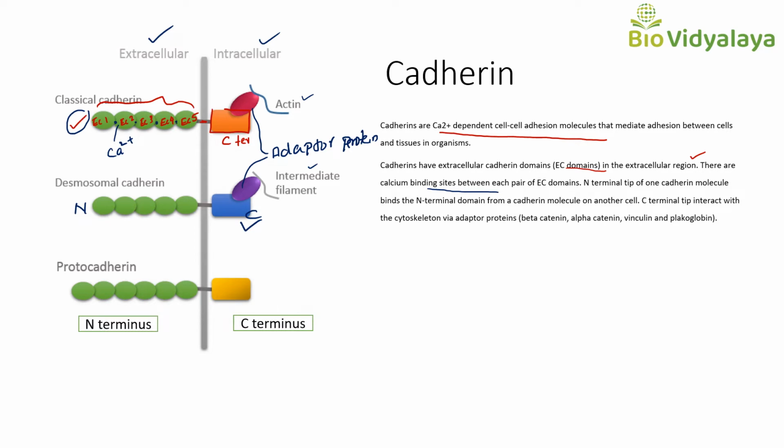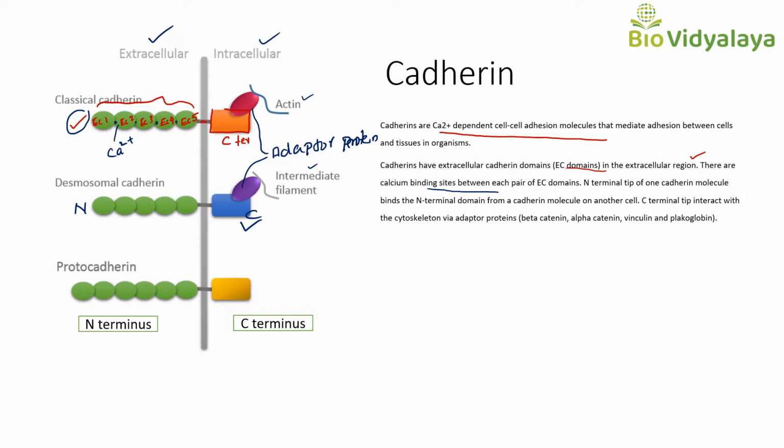So this extracellular domain, or EC domain, will interact with the EC domain of another cadherin on another cell, and the C-terminal tip will interact with the cytoskeleton via adapter protein.